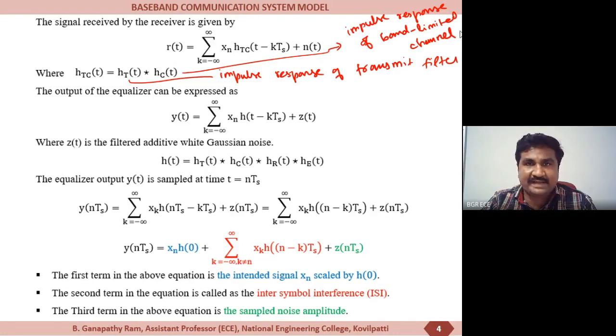And this R of t is the signal received at the front end of the receiver.